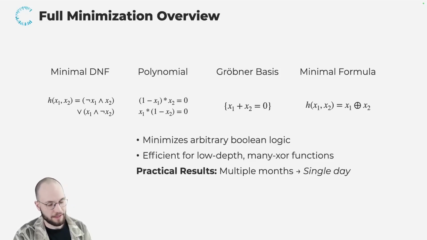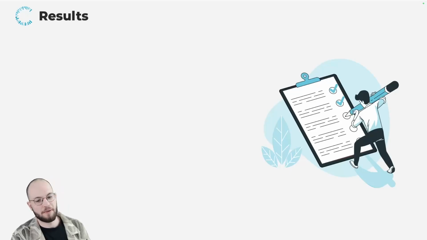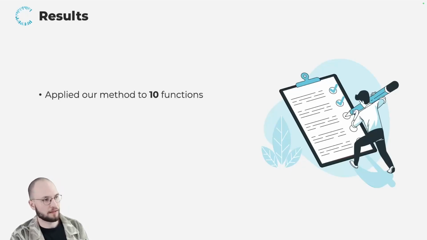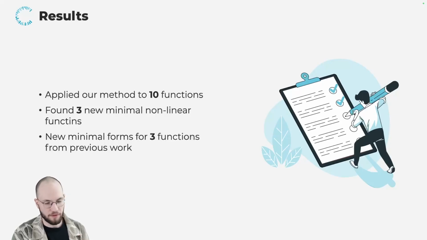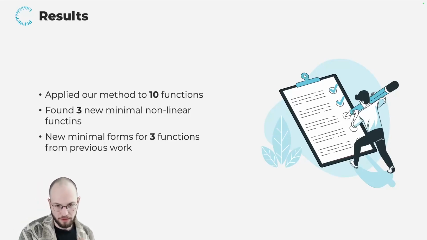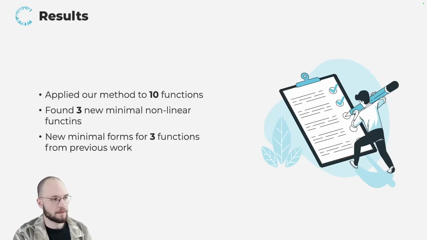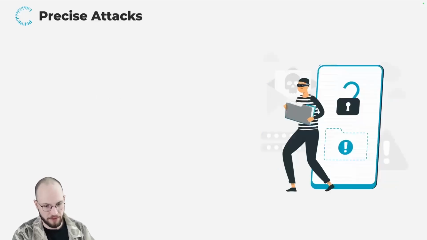We experimentally evaluated that by measuring 10 functions, and we found 3 new nonlinear functions, and for 3 functions that were inferred manually in the previous literature, we found minimal forms. And this also led to precise attacks that we could build out of that.